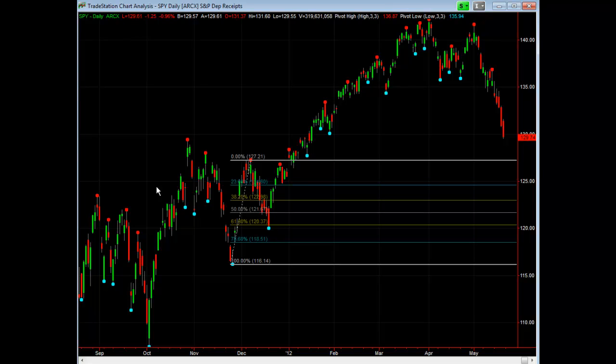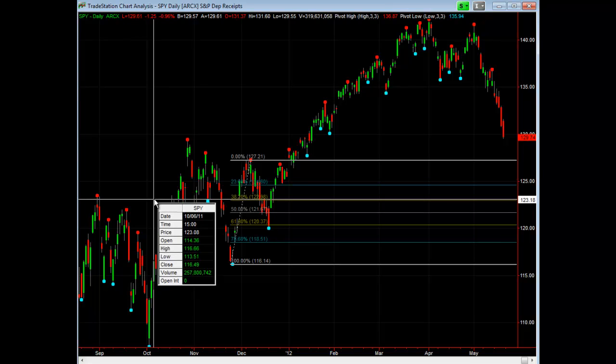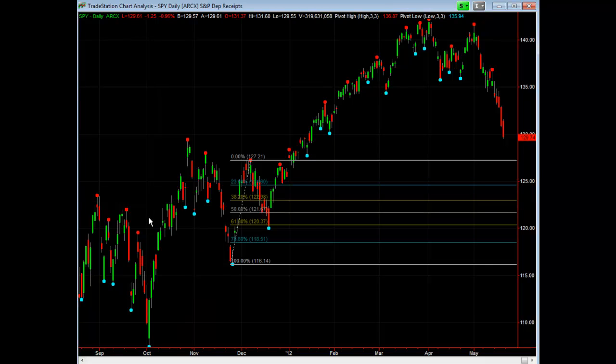Markets tend to either go to the 382 and stop and then rebound, or a lot of times if it's weaker, they'll go to the 618. So here's two examples, from a pivot low to pivot high, correction down to 618, pivot low, pivot high, correction down to a 618 on a daily.